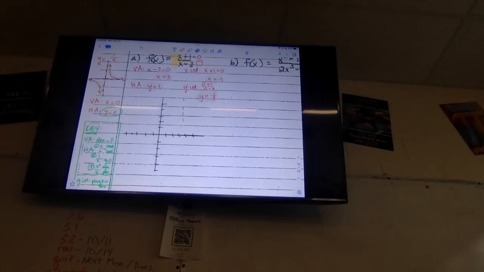I do not think that's in the right spot. I'm going to do my horizontal asymptote at 1, so a horizontal line through y equals 1. My x-intercept is at -1, so I'm going to put a point at -1. And my y-intercept is -1/3. As long as it's somewhere between 0 and 1, I do not really care where that point is. It's just got to be somewhere between 0 and 1.